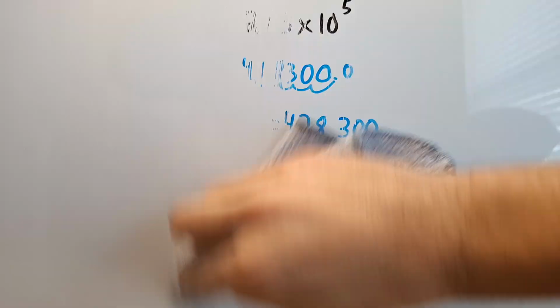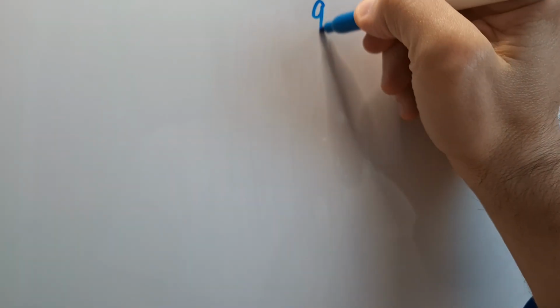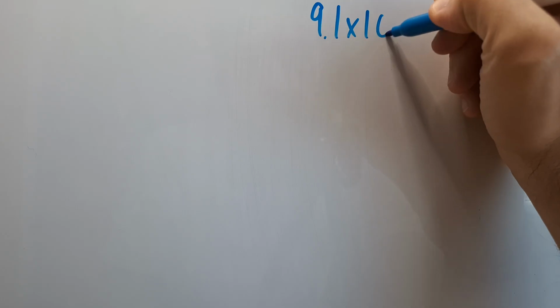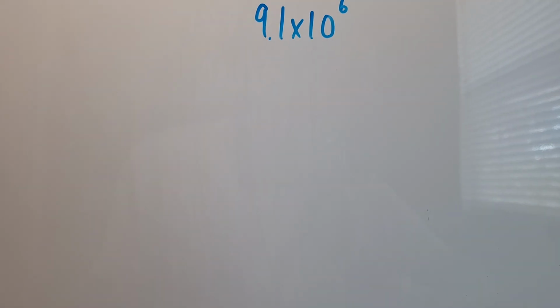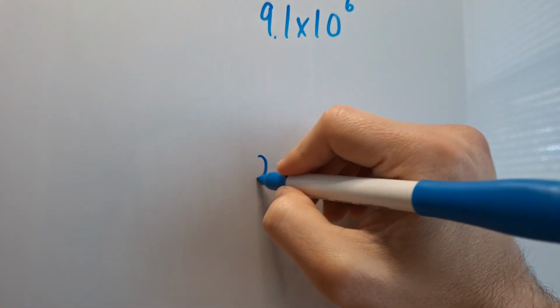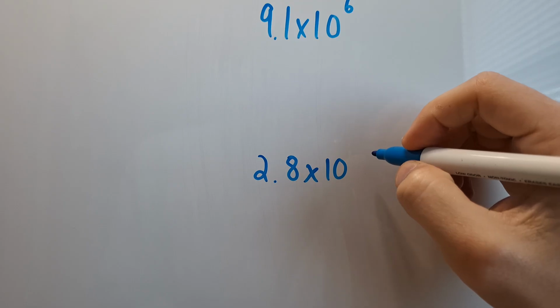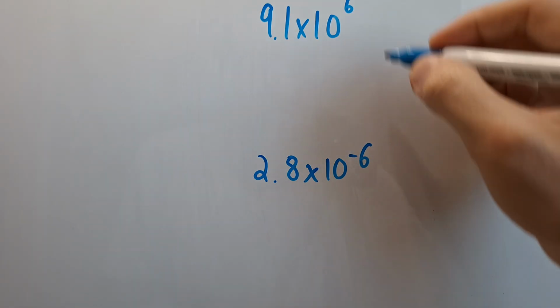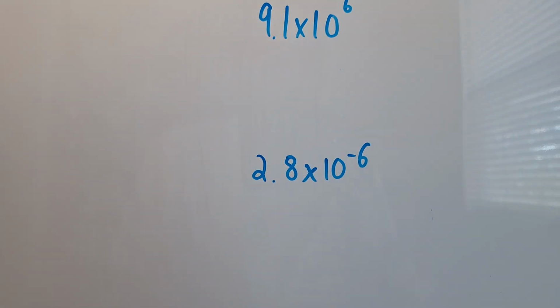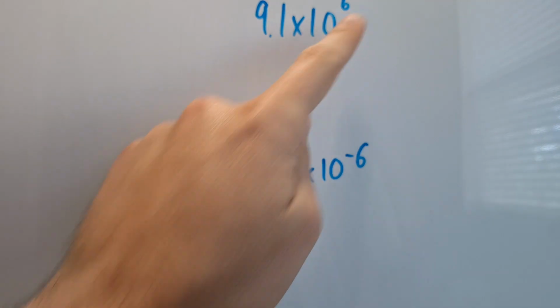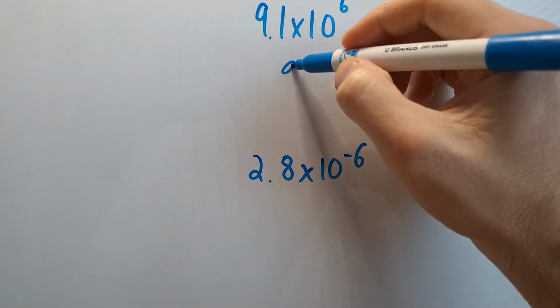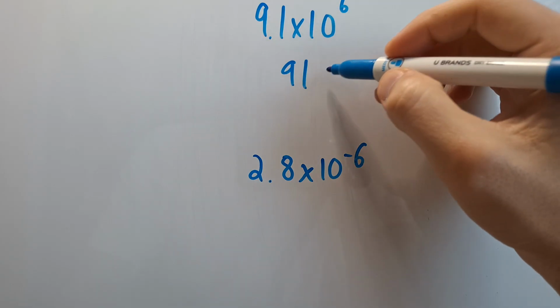Let's work out a few more, just a few. 9.1 times 10 to the power of 6. Let's do one with a negative exponent. 2.8 times 10 to the negative 6. Why not? We'll keep the same, but just different signs. So 9.1 times 10 to the power of 6. Write out some zeros.